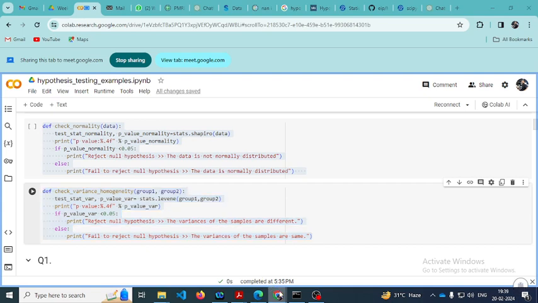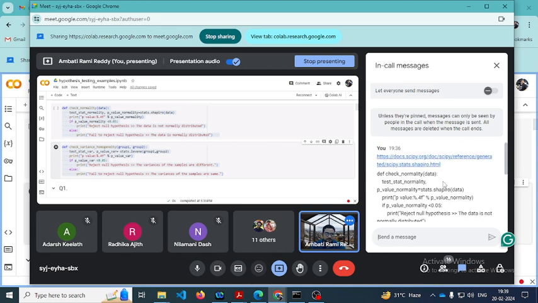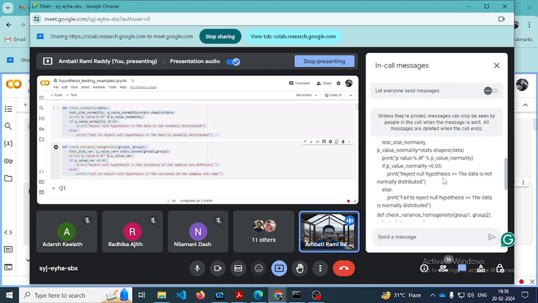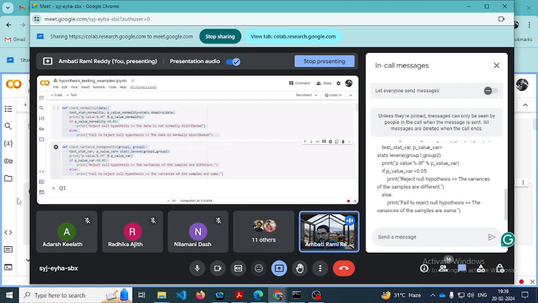So I'm going to post these two functions in your chat, to check the normality and to check the homogeneity. Okay, so let me explain.